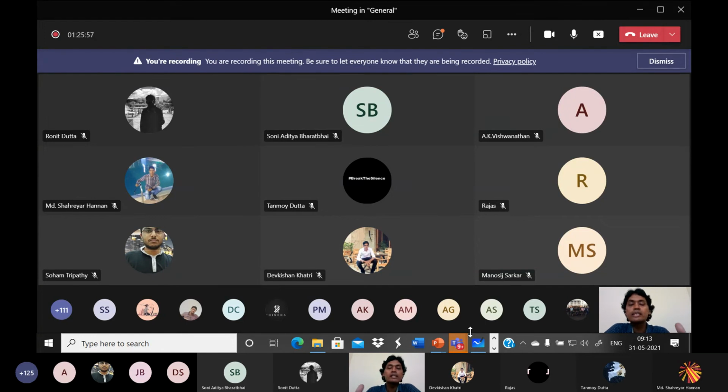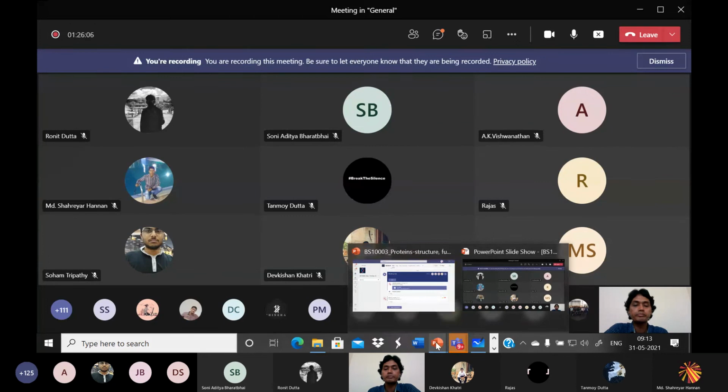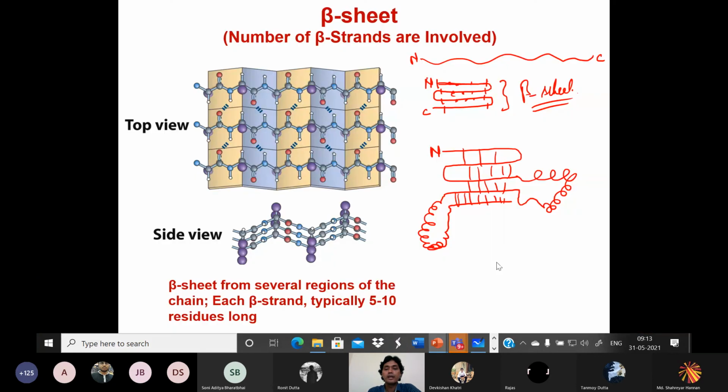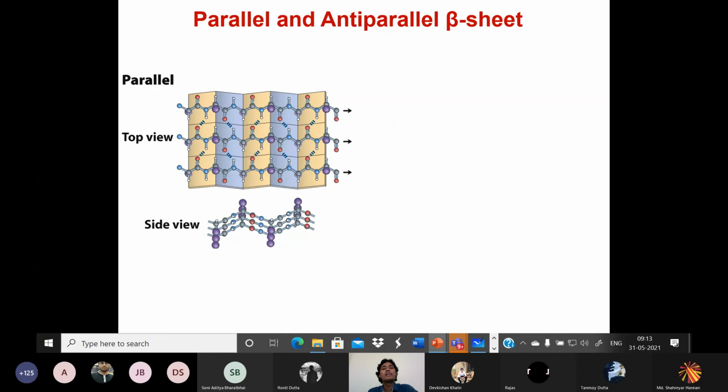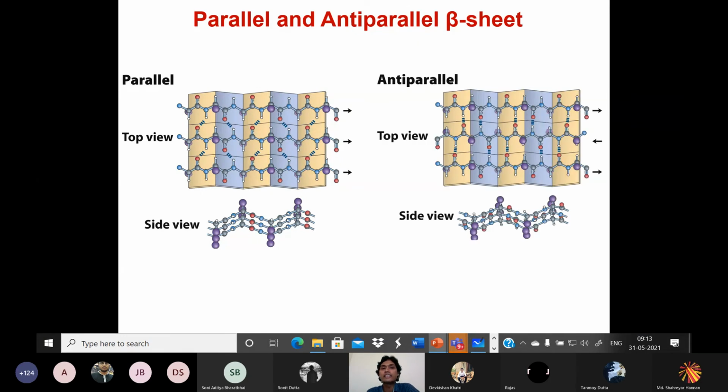So let me go through it. When I discuss the overall tertiary structure, you will get this point in a better way. Now, two things are mentioned here, parallel and anti-parallel beta sheet, and then I will take some break. So, parallel beta sheet, anti-parallel beta sheet.